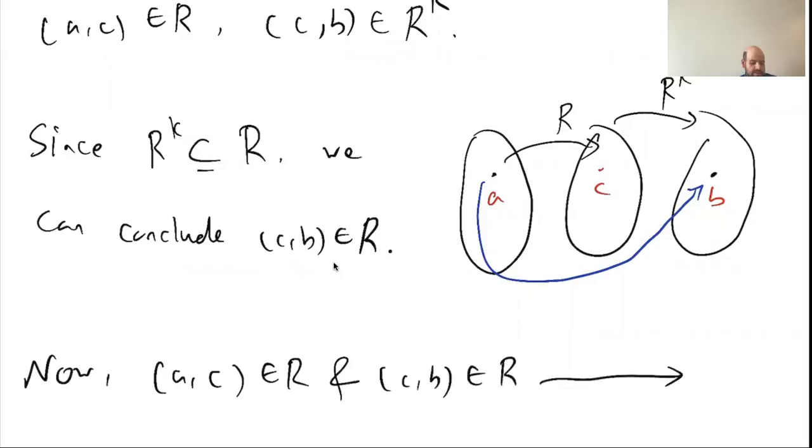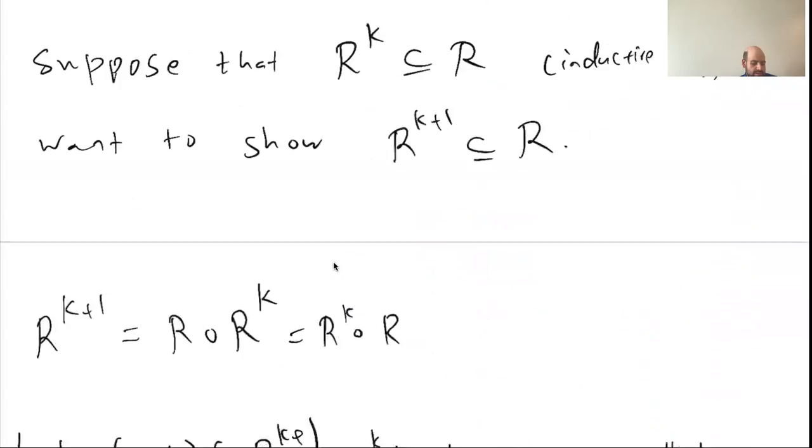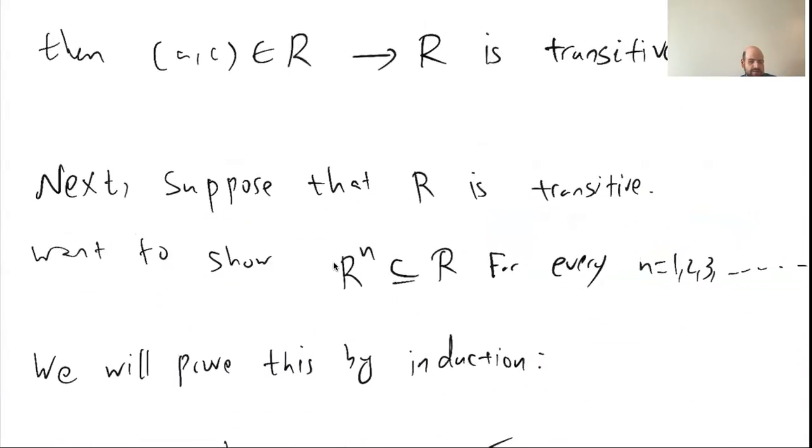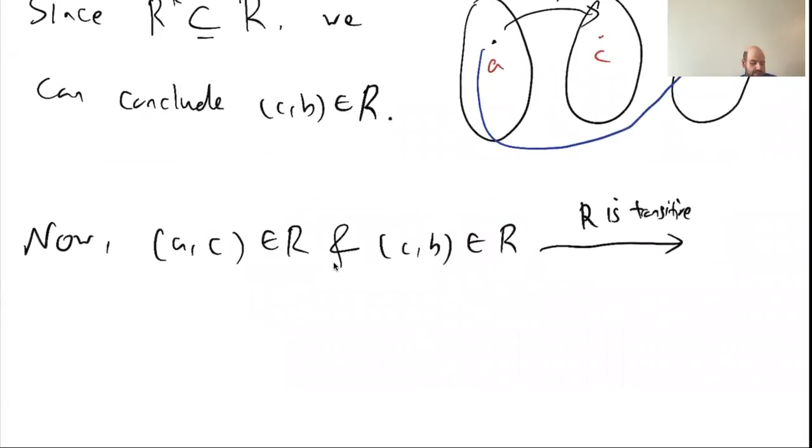And I'm assuming that R is transitive. Remember, in this part of the theorem, we're supposing that R is transitive. So (A, C) is in R, (C, B) is in R, R is transitive. That means (A, B) is in R.